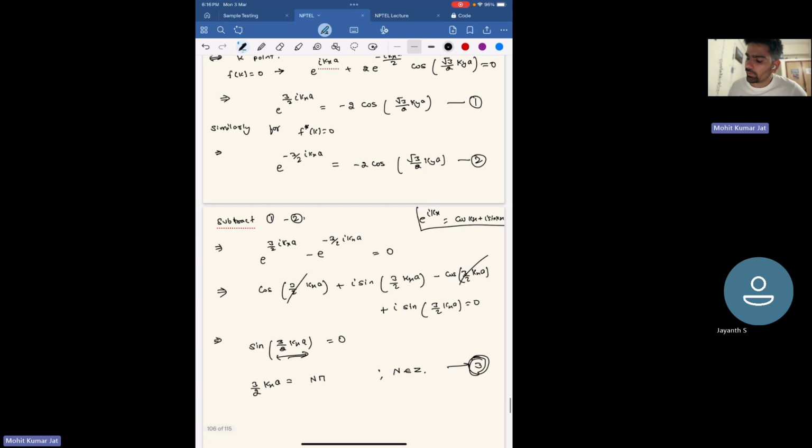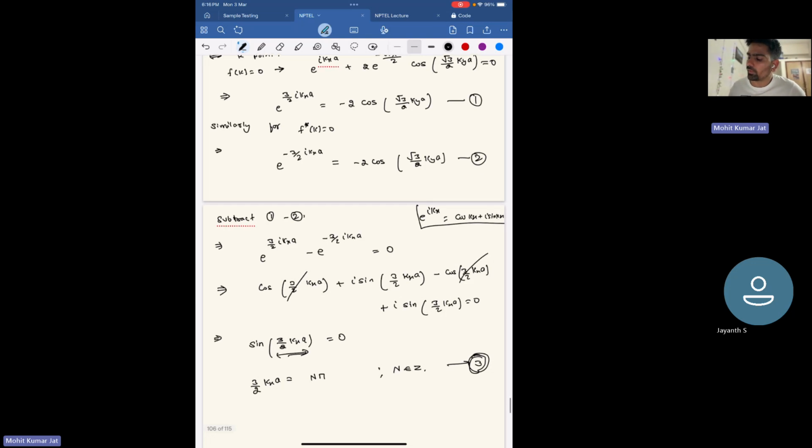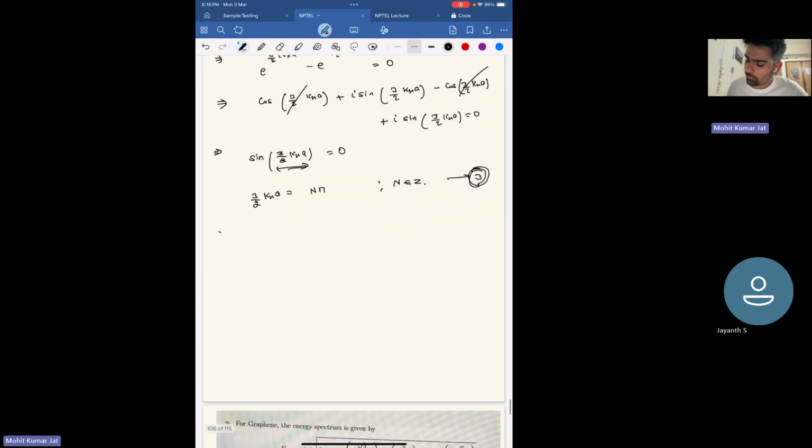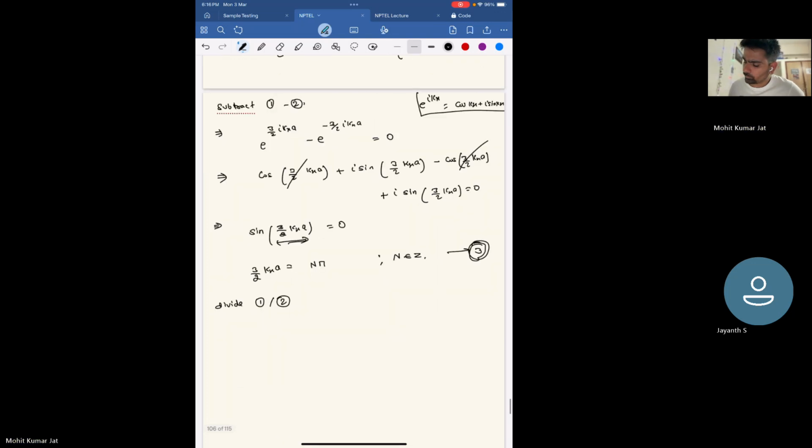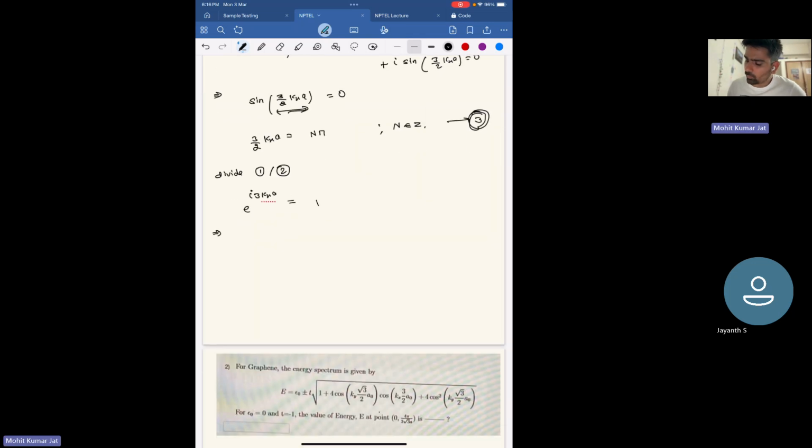Now let's divide equation 1 by 2. That gives me e to the power i 3kxa equals 1. This tells me that cos 3kxa plus i sin 3kxa equals 1.